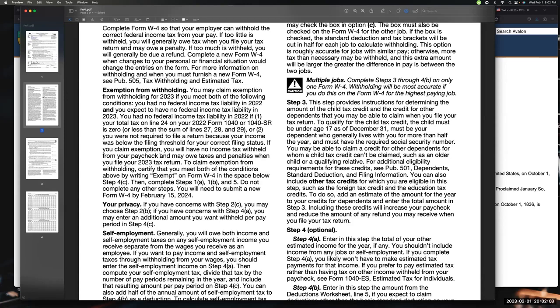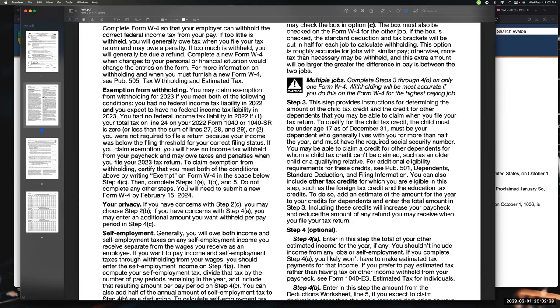If you claim exemption, you will have no income tax withheld from your paycheck, and you may owe taxes and penalties when you file your 2023 tax return. To claim exemption from withholding, certify that you meet both of the conditions above by writing exempt on Form W-4 in the space below, Step 4C.